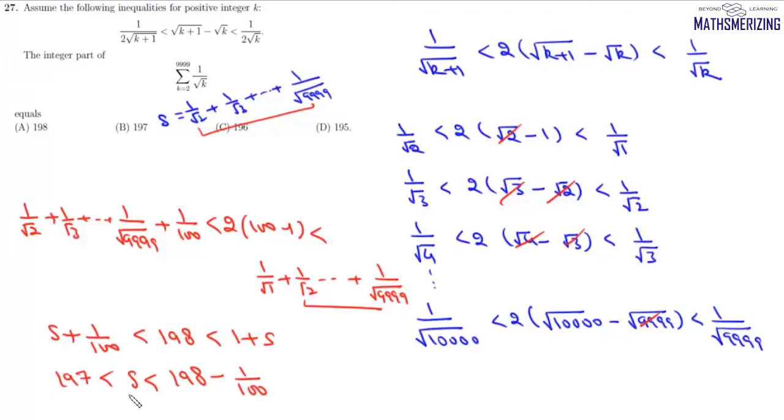So the value of S lies between 197 and 198 minus 1 by 100. That means the integral part of S will be nothing but 197, and that's your option B.